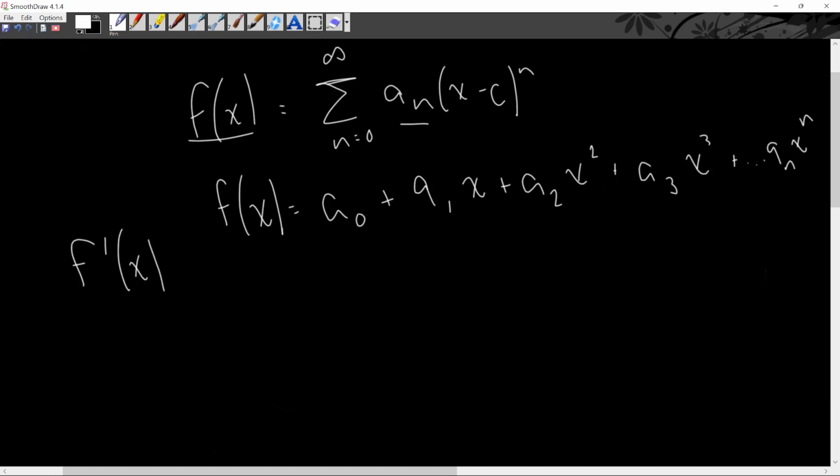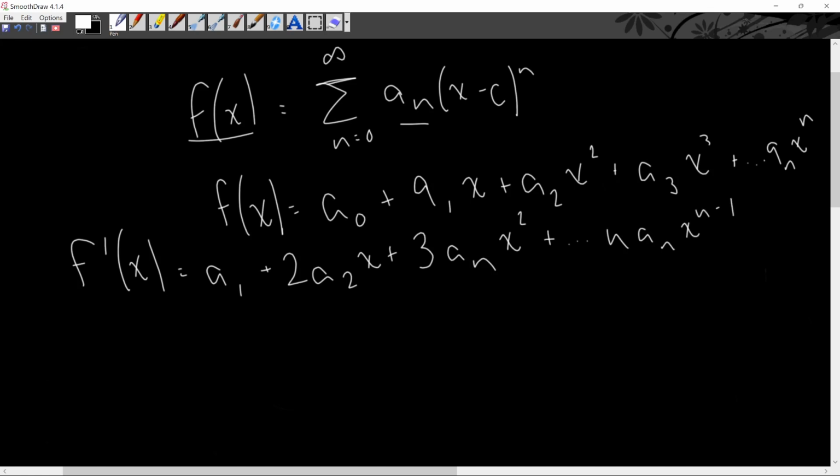We have f prime of x is equal to a1 plus 2a2 x, just bringing that n in front. So this is n times a sub n times x to the n minus 1, as we said in that previous proof, plus 3 a sub 3 times x squared, and then on and on, getting to n times a sub n x to the n minus 1, right?